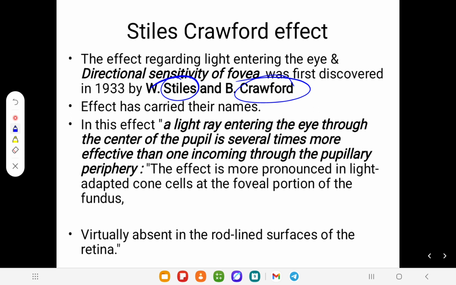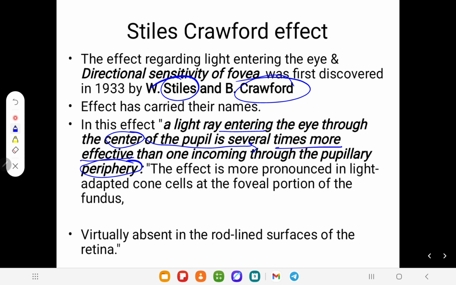It is about light entering the eye through the center of the pupil being several times more effective than light coming through the pupil periphery.